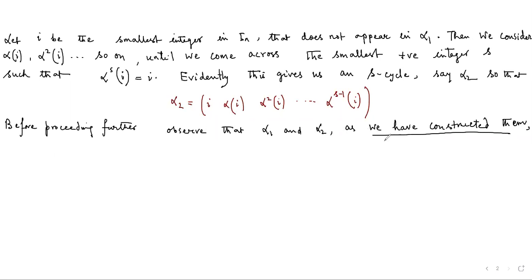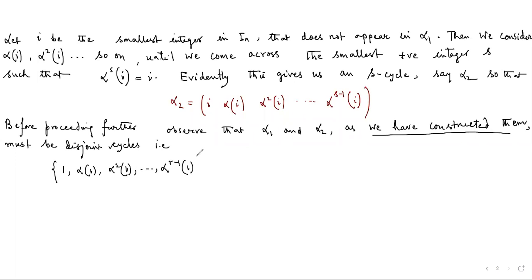But according to our rule, these two cycles must be disjoint cycles. That is, we consider the elements 1, alpha 1, alpha 2 1, alpha r minus 1 1, and its intersection is taken with I, alpha 2 I, alpha s minus 1 I, gives you the null set.